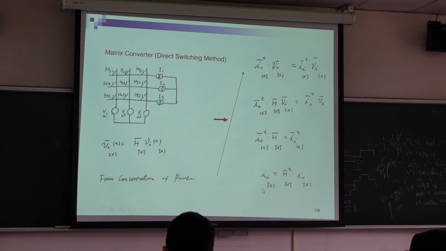But this converter has only 1 stage. What is the advantage of 1 stage? High efficiency and fewer power devices. So it is simple, with high efficiency. How about the input power factor? The input power factor is 1.0. It is good. So there are several advantages of the matrix converter.